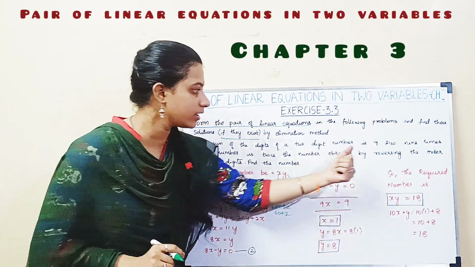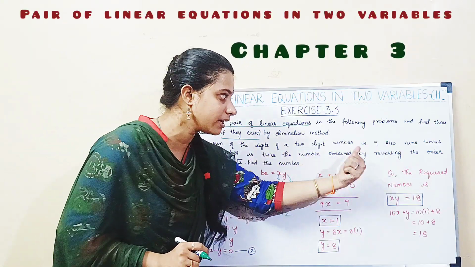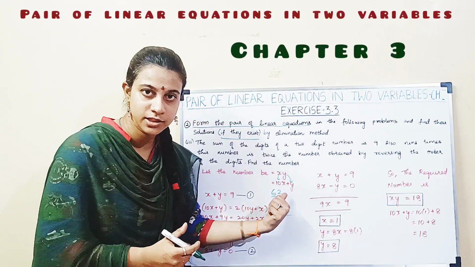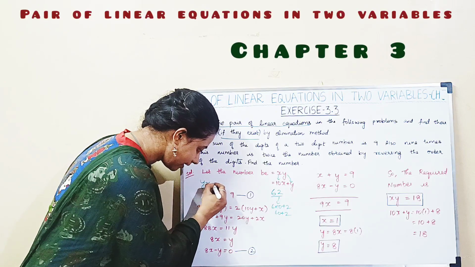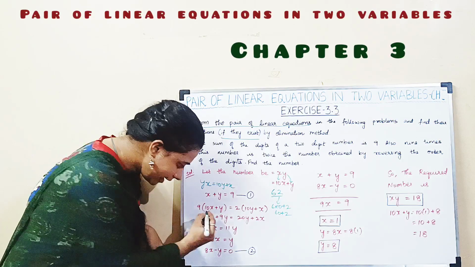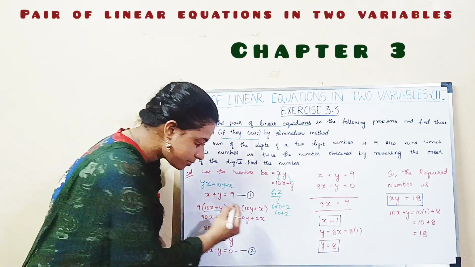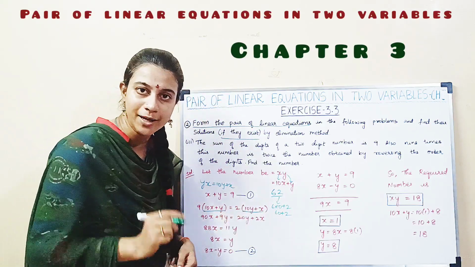Coming to the second condition, it is given 9 times this number is twice the number obtained by reversing the order of the digits. If we reverse the order of the digits, the number which we will obtain is yx, which we will write as 10y plus x. So what are we going to get? 9 into this number, 9 into 10x plus y will be equal to 2 times the number obtained by reversing the digits, which is nothing but 2 into 10y plus x.